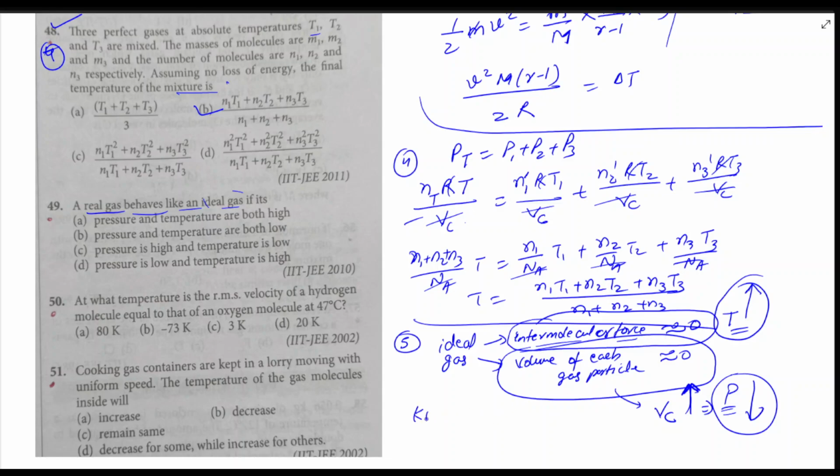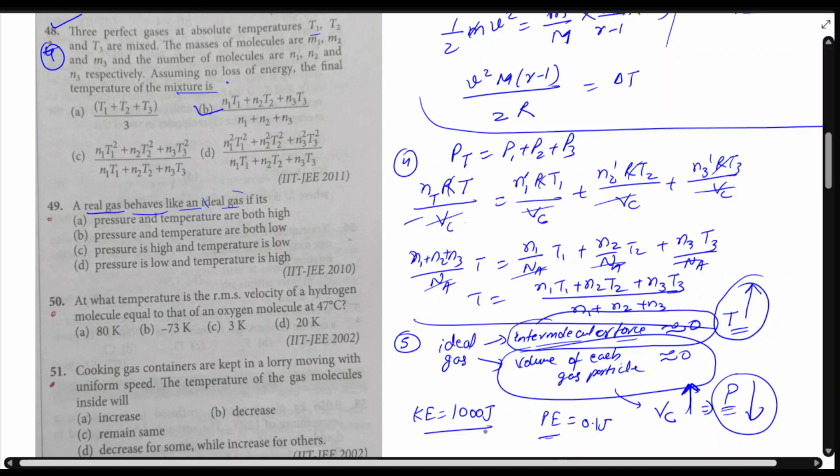Understand this: if the temperature is so high that the molecules have kinetic energy of 1000 joule, and if they have intermolecular forces, then they have potential energy of 0.1 joule. So we can clearly say the total energy is almost 1000 joule, right? So they will have almost zero potential energy.